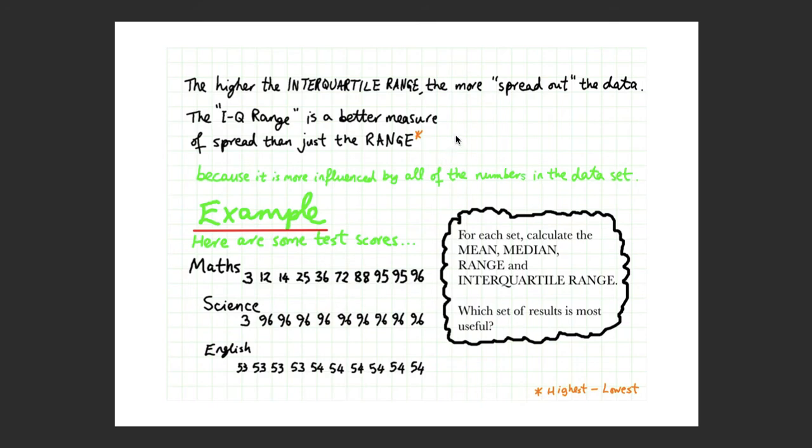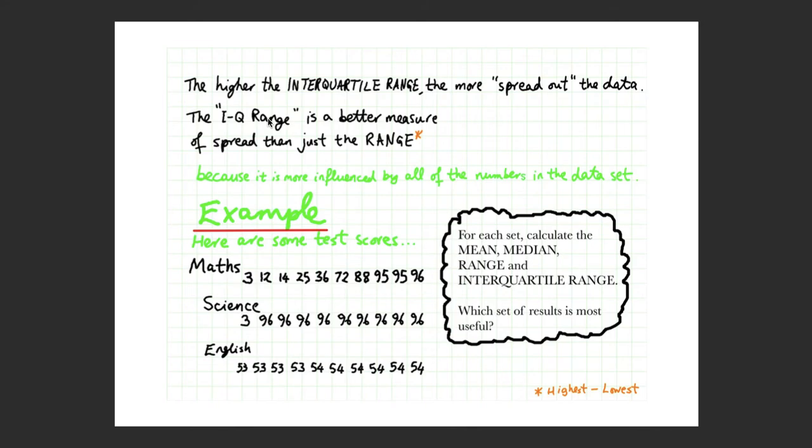So if you want to know how spread out a set of data is, you could just measure the range, which is how far from the highest to the lowest, but really that's just kind of two values, whereas the quartiles are more influenced by all of the numbers, because the values of all the numbers put them at the 25% and 75% positions. So we're writing down the higher the interquartile range, the more spread out the data.